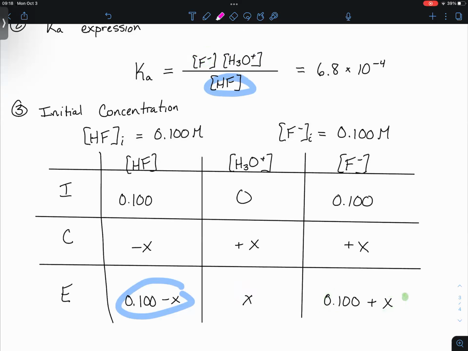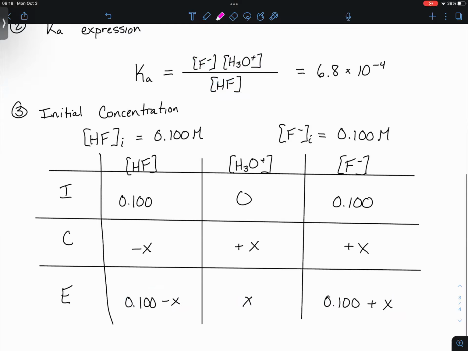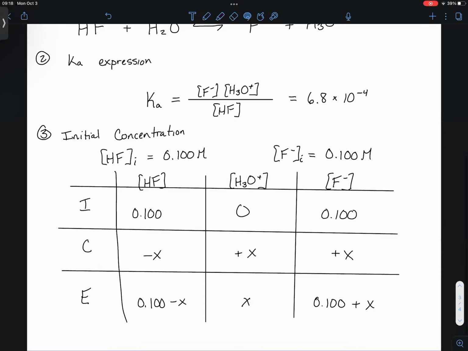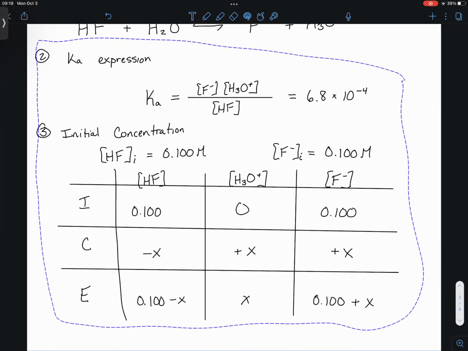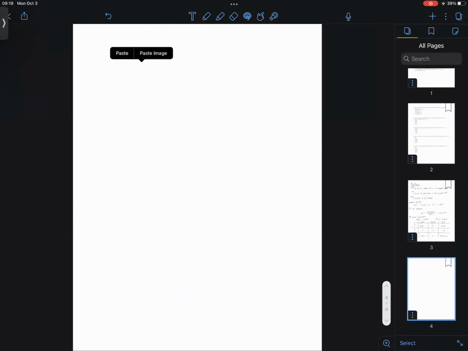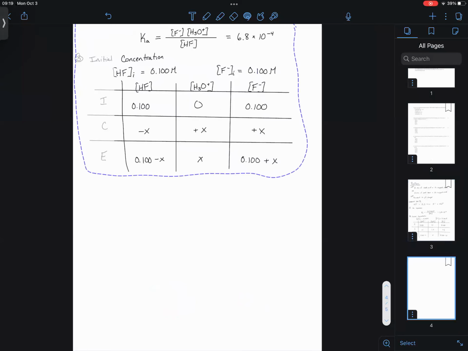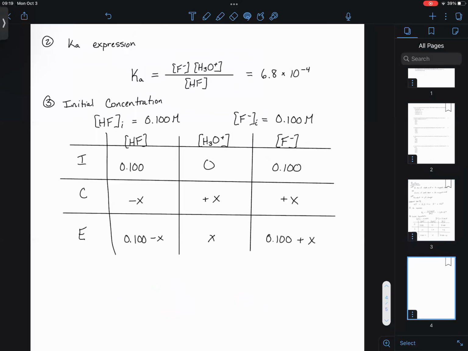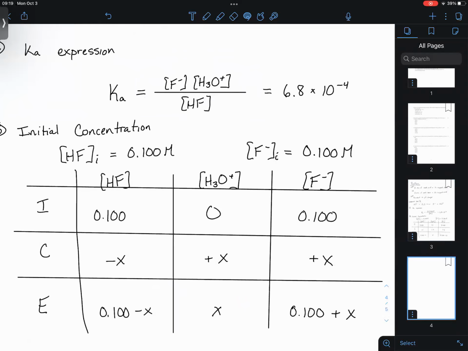And before I plug these in, I'm going to actually, let me make some more room. So I'm going to take this stuff and take it to a new page. Before I do that, I'm going to rearrange this Ka expression to solve for this value here, right?